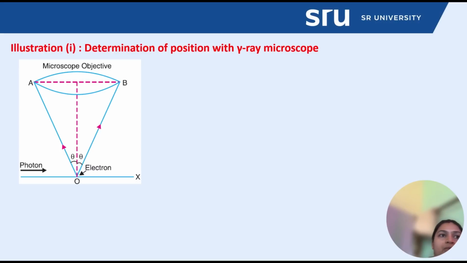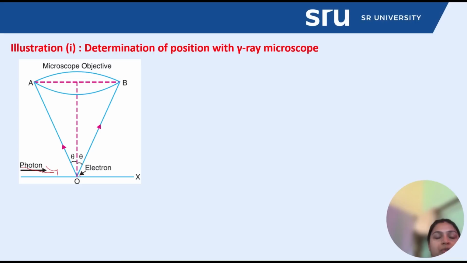The electron can be observed if at least one photon is scattered by it into the microscope lens. Here is the microscope objective, this is the direction of the photon, and here the electron.